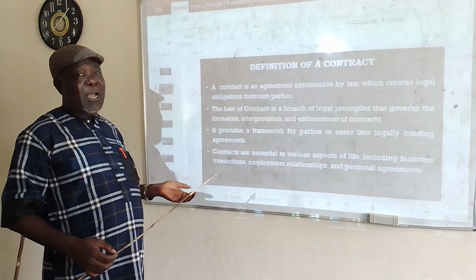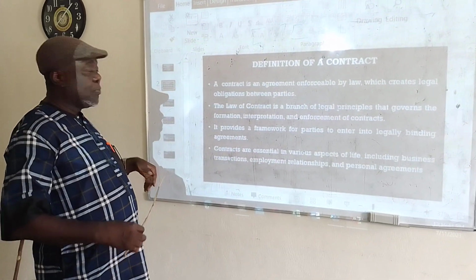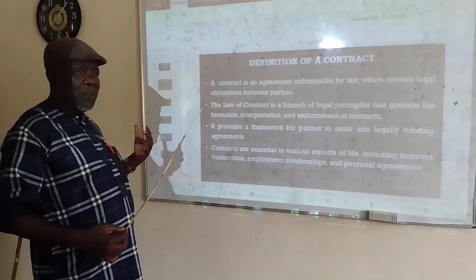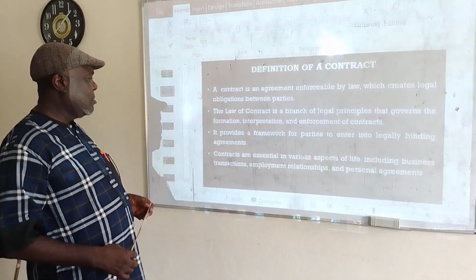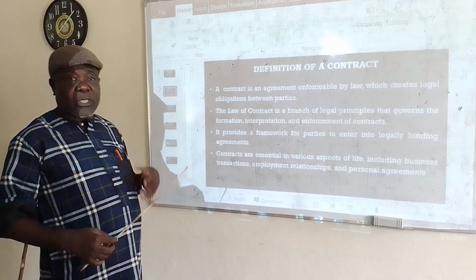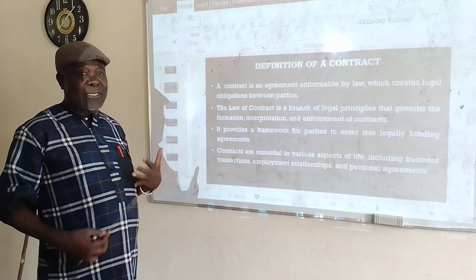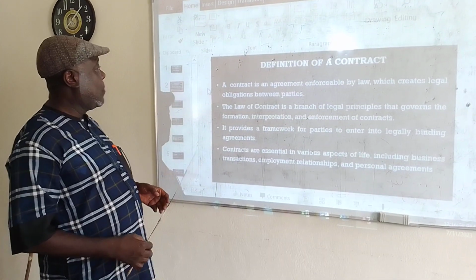Every day you enter into one form of contract or another. And then in various aspects of life, including business, employment, relationship, and so many things, you see yourself entering into what? A contract, an agreement as it were. And most of these agreements are what? Enforceable by the law.